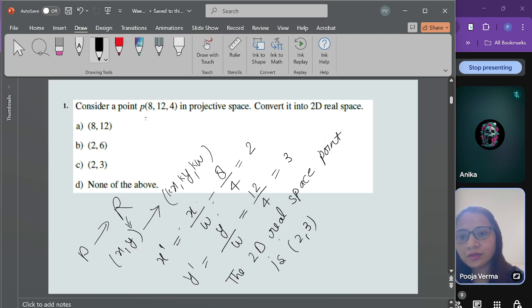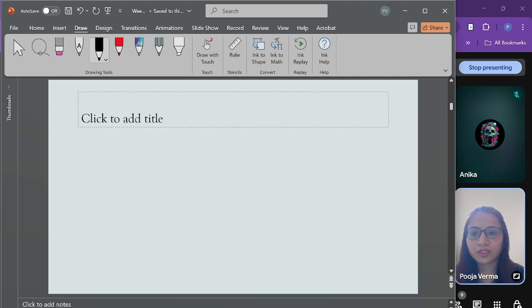Option C is the correct answer for this question. I hope all of you have understood. Moving to the next question.